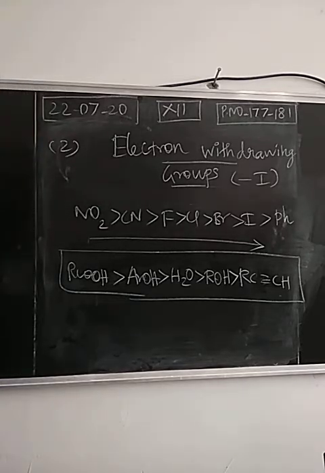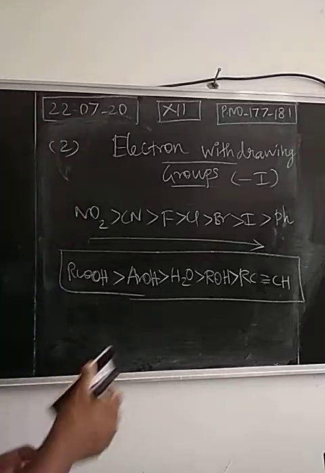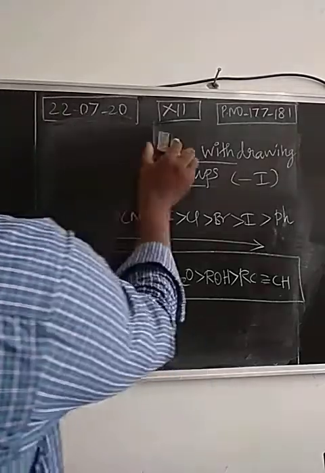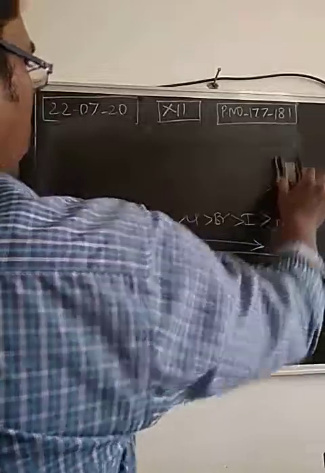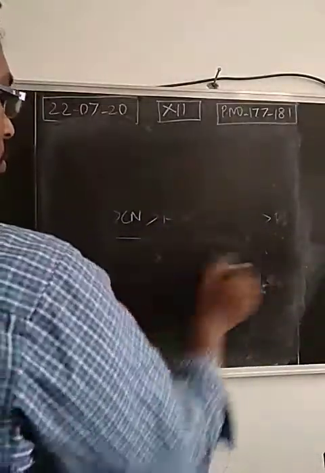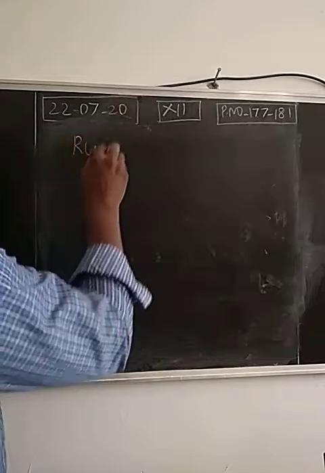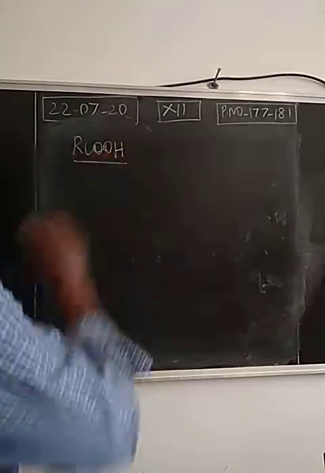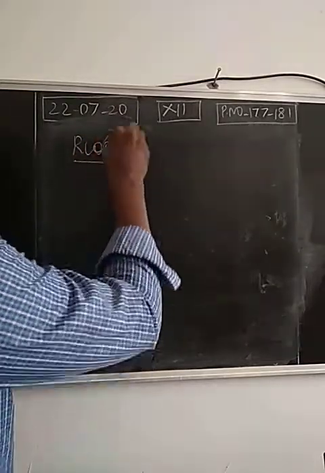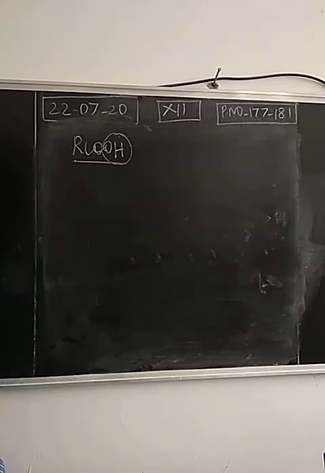we move into functional derivatives of carboxylic acids. From carboxylic acids, what derivatives are obtained? What is the general formula for acid? RCOOH. If the OH group is replaced by some other atoms or groups, we get derivatives.